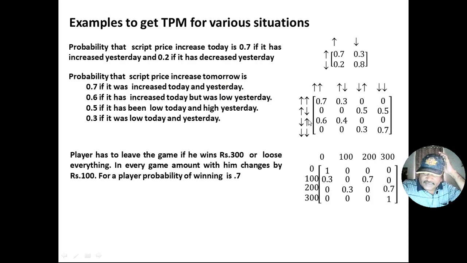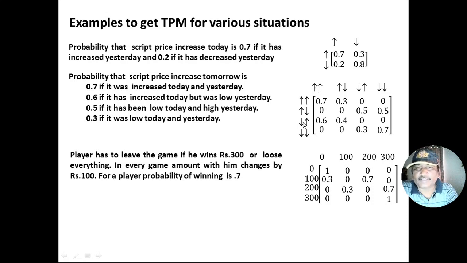Then the probability of increase in the share price tomorrow is 0.6 if it has increased today. Increase today means this, the second row now: increased today and decreased yesterday. It was low yesterday. So I have to write the things in the second row, but make sure it is written in the column where the first arrow is the up arrow, because we are talking about an increase in the share price today.